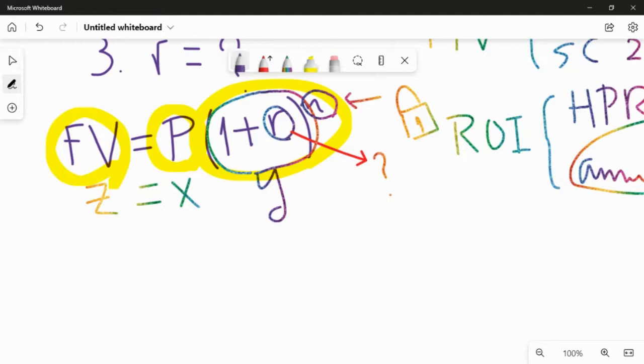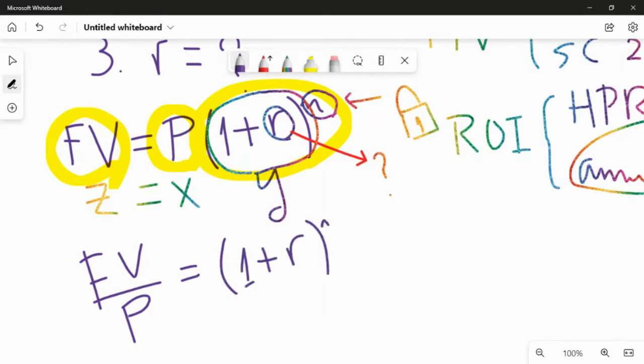So first, we need to divide both sides by P, and we have (1 plus R) raised to N, right? Again, N is the padlock, and 1 plus R is the cage. So how do we open that cage? First, we'll have to open the padlock. How do we open the padlock?